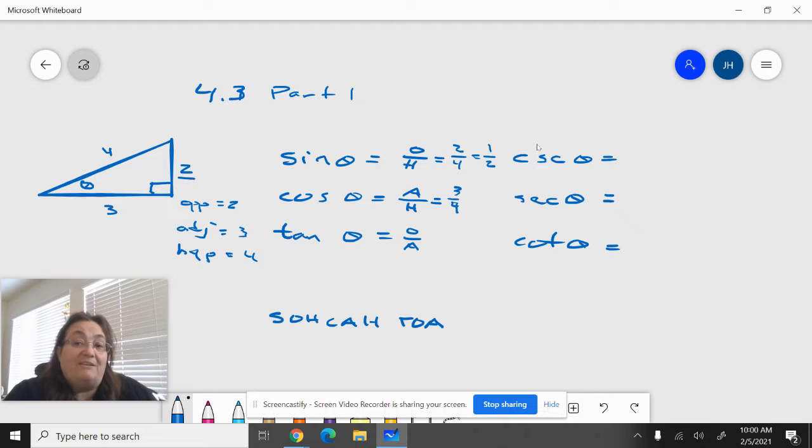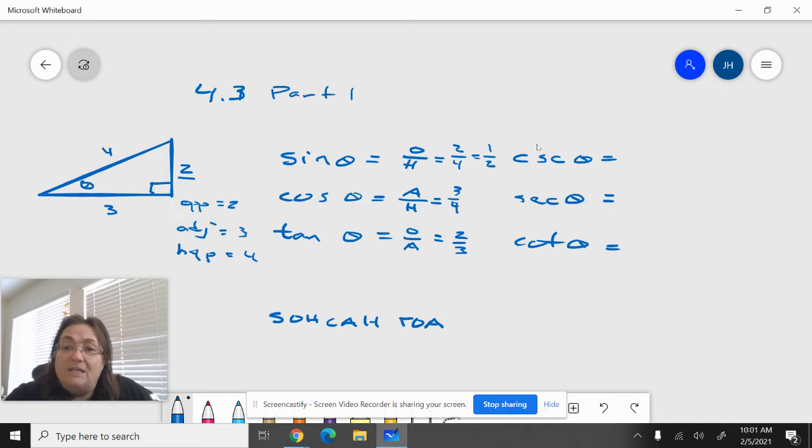So that is our exact value for cosine at theta. Tangent is opposite over adjacent. We also think of it regularly as sine over cosine, but when we have all the numbers on a triangle like this, it's easier to just go opposite over adjacent, which is 2/3.